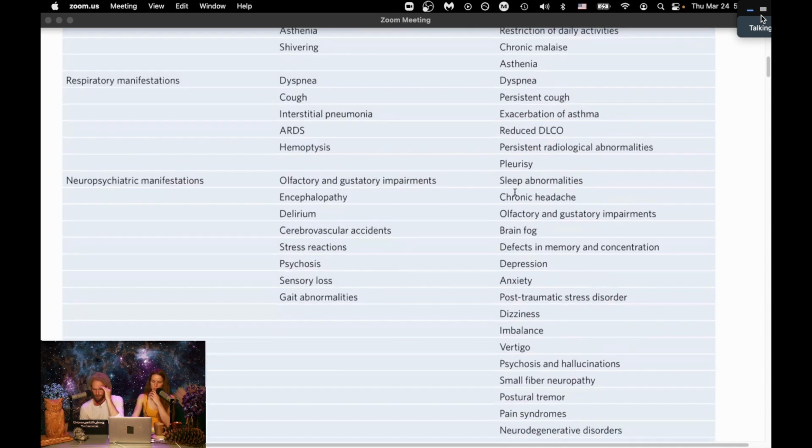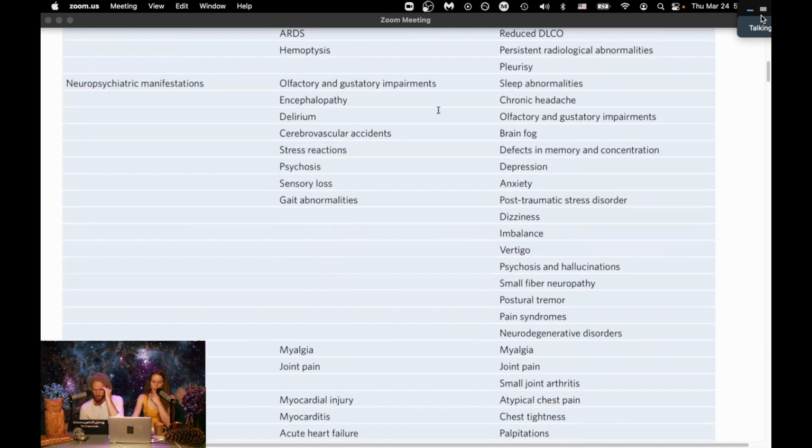In terms of neuropsychiatric, you're definitely getting a totally different collection of neuropsychiatric symptoms in the aftermath of COVID than you do during. Though there is still some overlap. What's interesting is that brain fog isn't listed as being a neuropsychiatric manifestation of acute disease, which to me feels, again, like a sampling error, because when you have the flu, you definitely have brain fog.